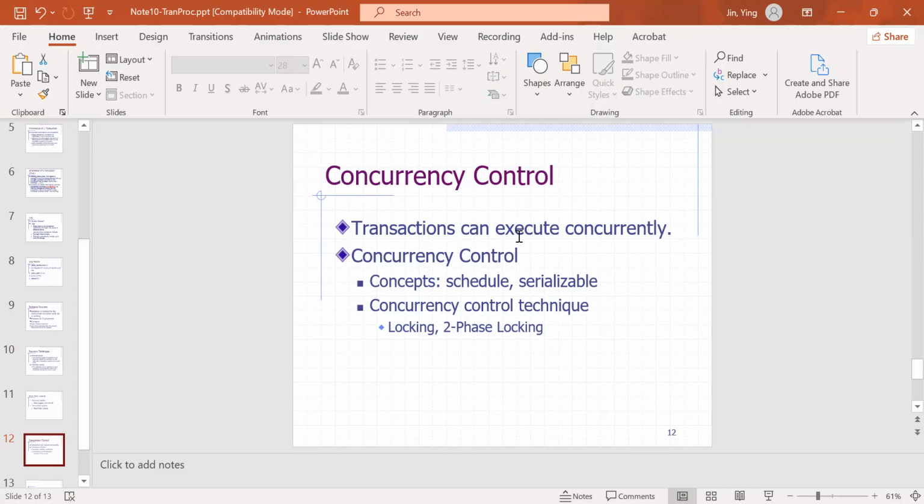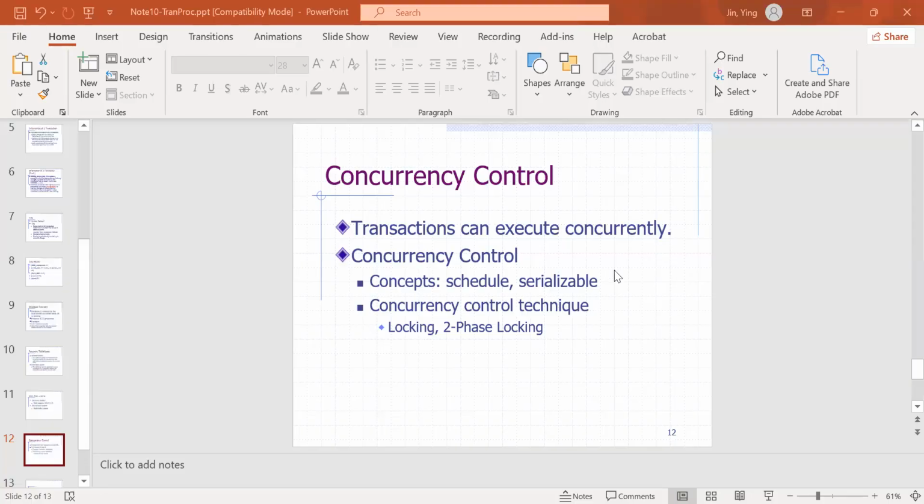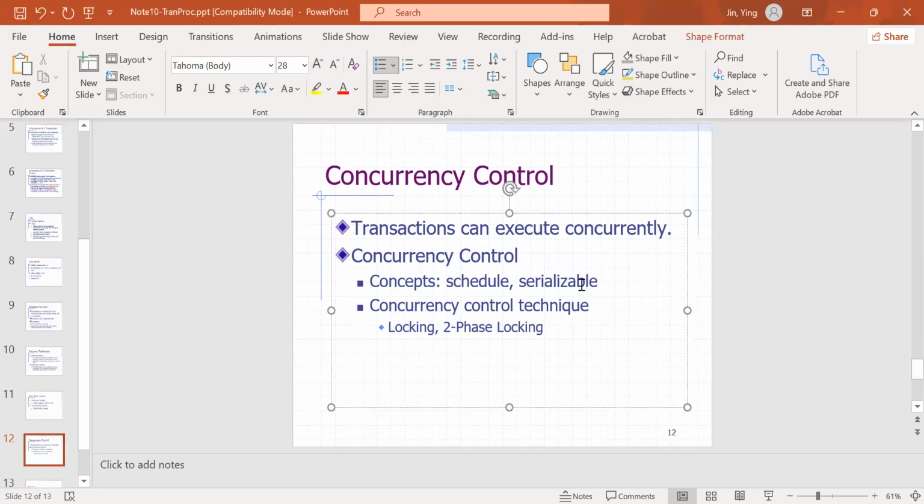We can have transactions executed concurrently, no problem, but we need to control them. In other words, we cannot let them run however they want. The concepts related to that are schedule and serializable schedule.